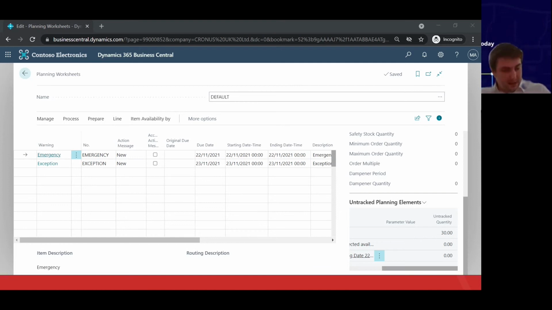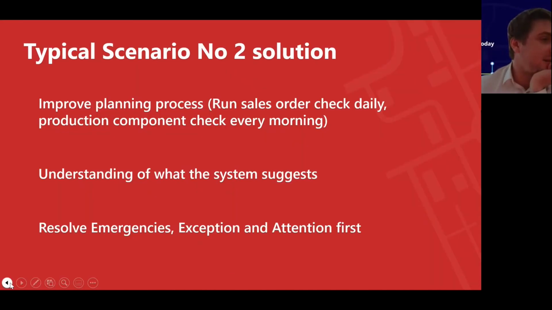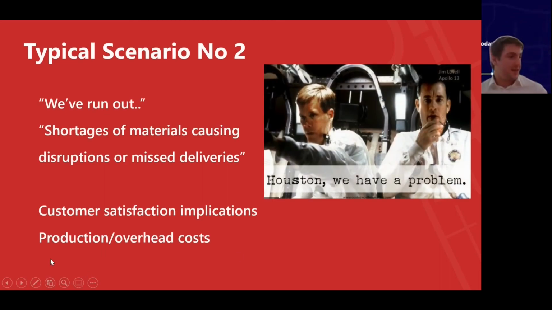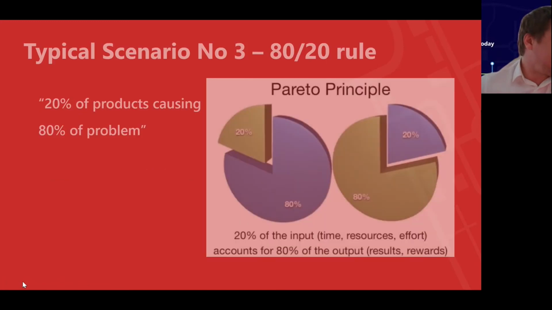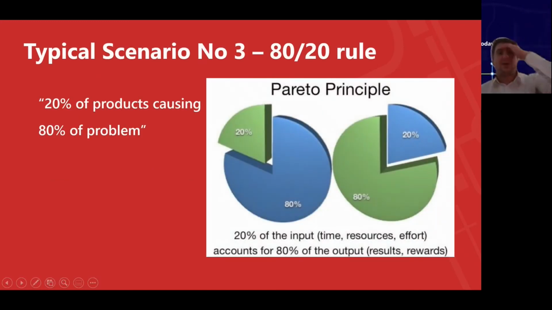Okay, so that was typical. Another problem: Houston, we have a problem. We ran out. So let's look at the last one I've prepared, and that's something called the 80-20 rule. Basically, what I'm seeing throughout the time is that a small part of your portfolio is causing you the biggest problems.